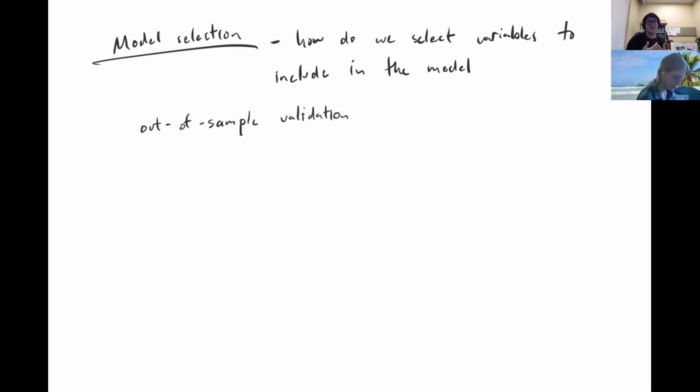What is the worth of a model where I statistically am confident in the results, but if I ever apply the model, it never tells me the right answer? This is the crux of out of sample validation. The whole idea is that if I calibrate my model to some data and just compare it to the data that I trained it on, of course it's going to do a good job to some extent, right?